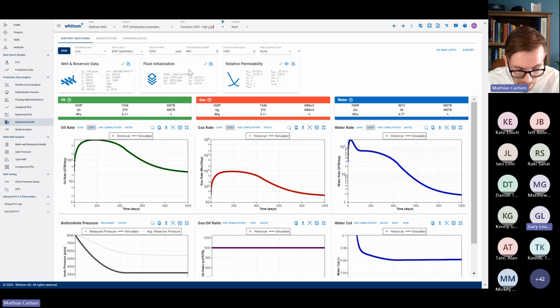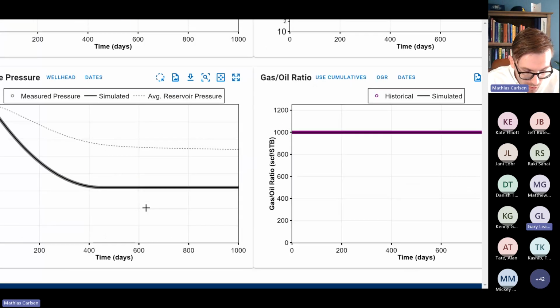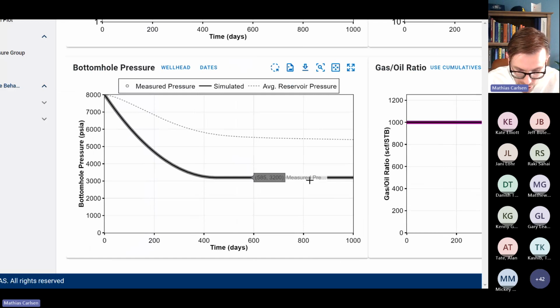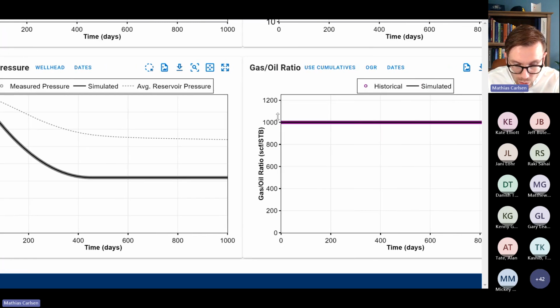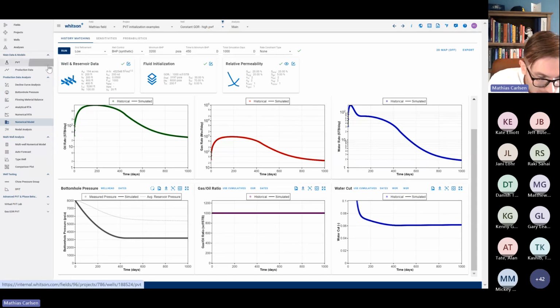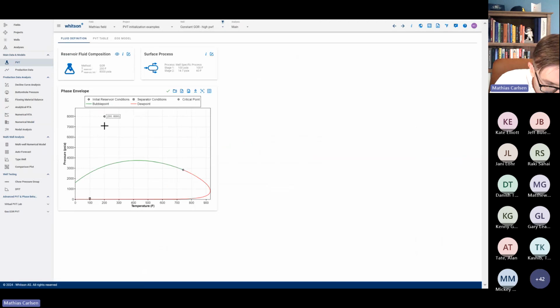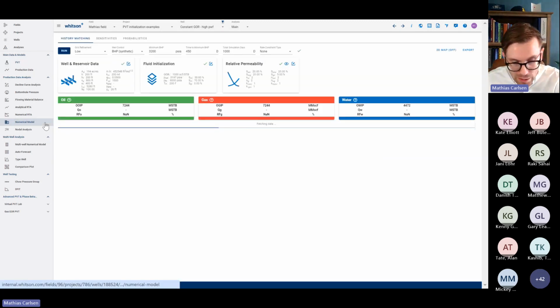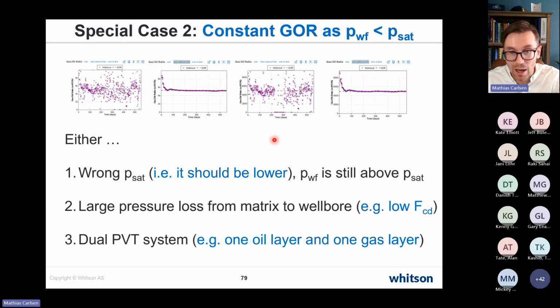So in this case, if my bottom hole pressure never got below the saturation pressure, so the saturation pressure was 3,200, and it was always above the saturation pressure, then the GOR will be constant, right? Because now we're always above the saturation pressure here. So the bottom hole pressure goes to here and not a PSI lower. So you're never inside of the two-phase envelope, okay? That is one plausible explanation, and that's this guy at the top here.